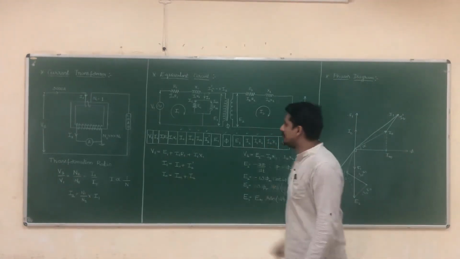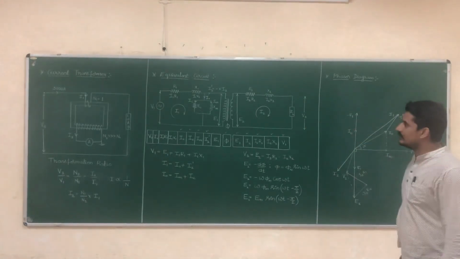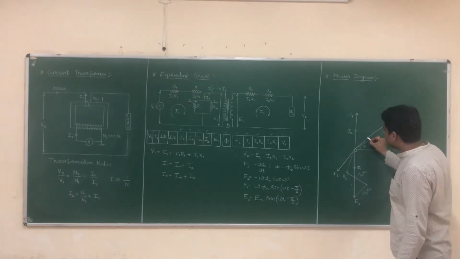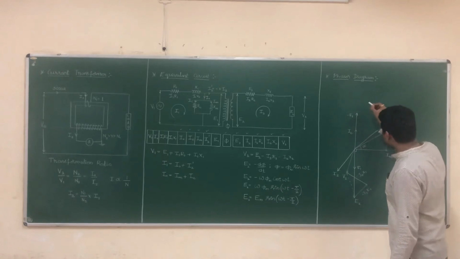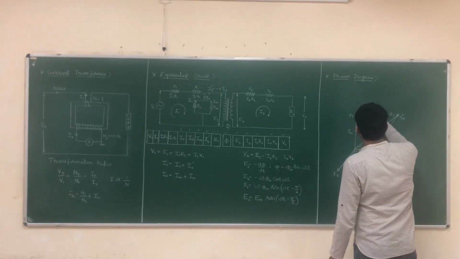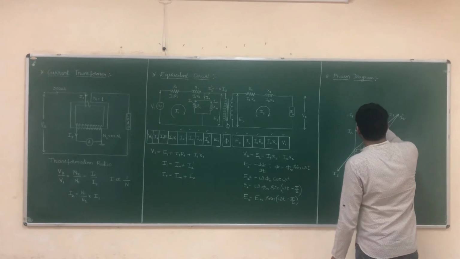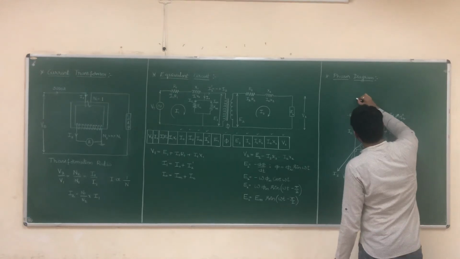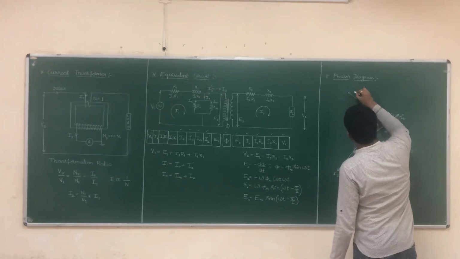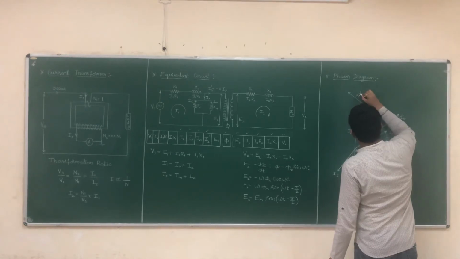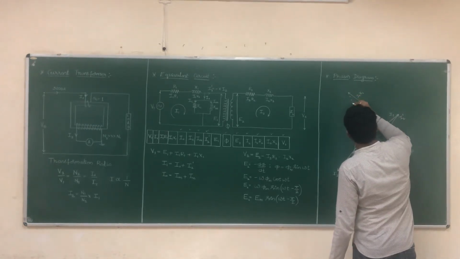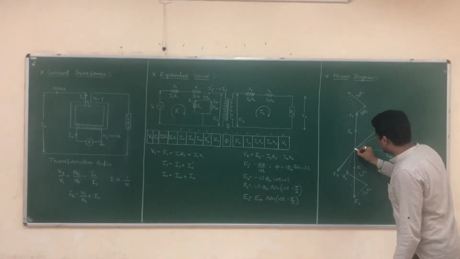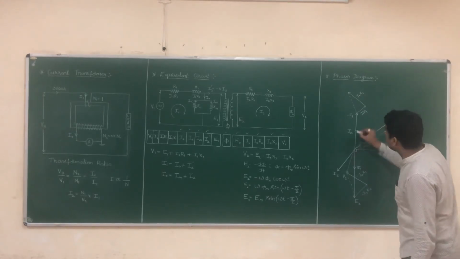Now I1 R1. I have got E1 and now I1 R1. If current I1 is in this direction, I1 R1 also should be in the same direction, but this vector I will shift to here. So this becomes my I1 R1. Next, 90 degrees to this, this is my I1 X1, and this will be the resultant of this. Now the starting point of the phasor diagram is this and the ending point is this.